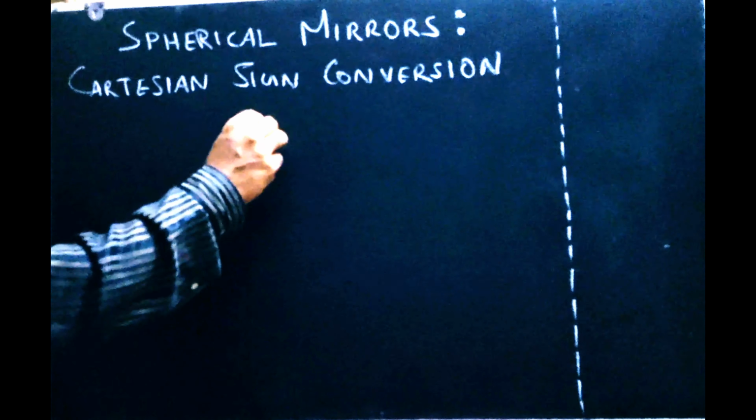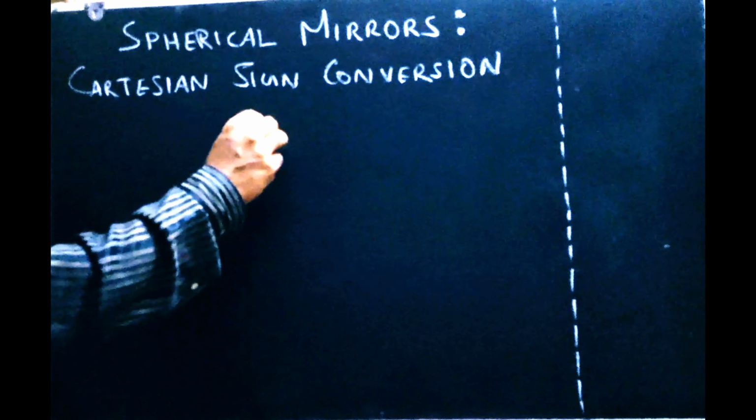The midpoint of the mirror is represented as P, which is called the pole of the mirror, then the focus or focal length, and the center of curvature C, or twice the focal length. So this is how we are representing them. The line joining the focus, center of curvature and pole, we call the principal axis. So C, I represent as the center of curvature.